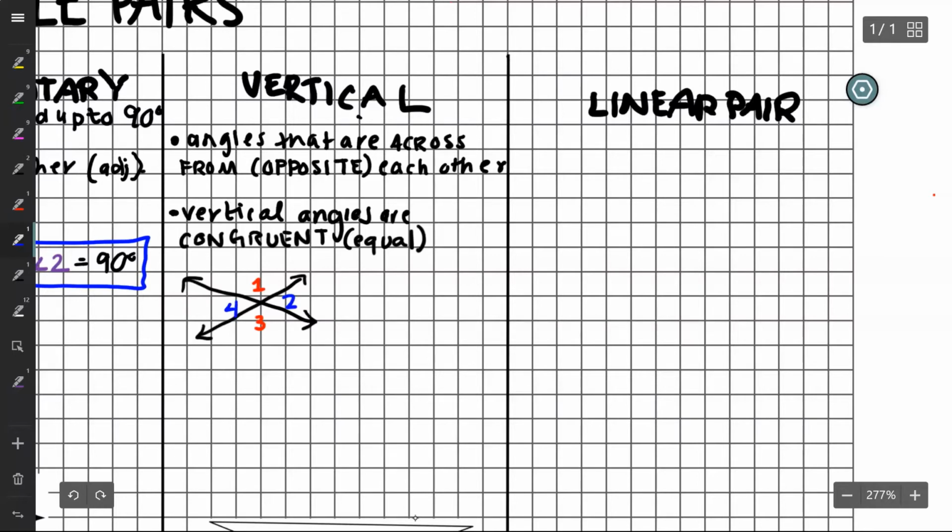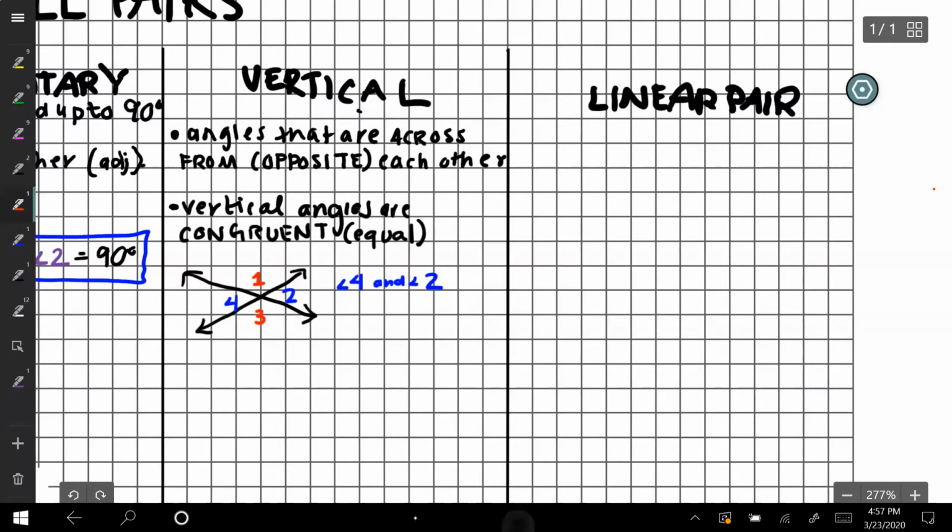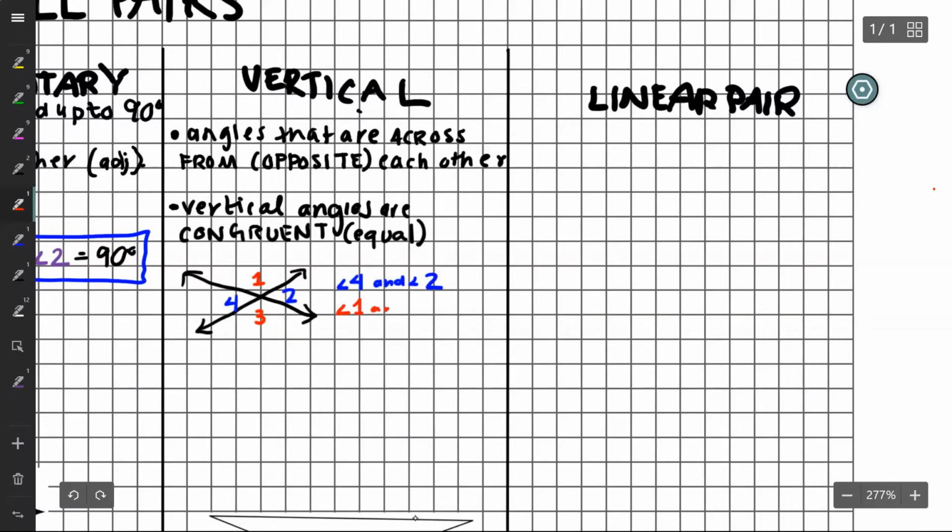So in this example right here, angle 4 and angle 2 are vertical, and angle 1 and angle 3 are also vertical. So we're going to write this out as angle 1 equals angle 3, or angle 4 equals angle 2. Both of these statements are true.